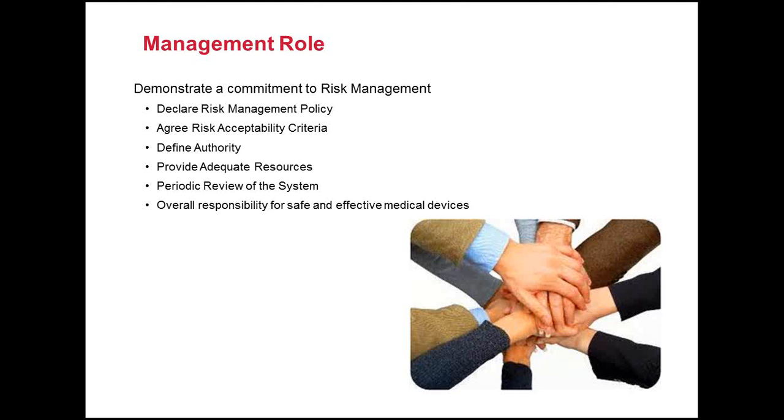It should state what level of risk as an organization we are ready to accept, and who has which authorizations, which needs to be clear, and provide adequate resources. Adequate resources include the relevant infrastructure and the team to develop the products in an effective way. Management also needs to be part of the reviews at critical phases and ensure things are going in the right manner.